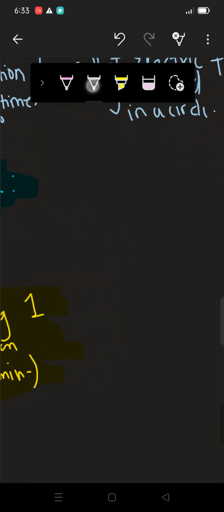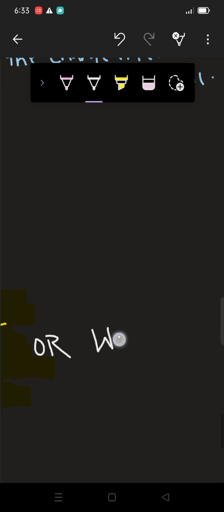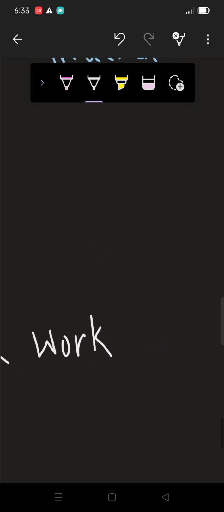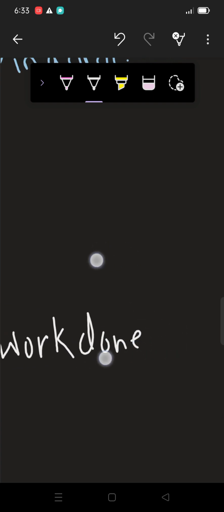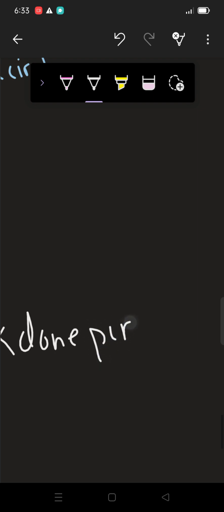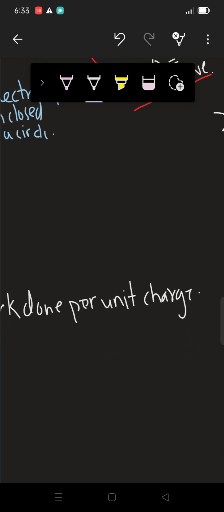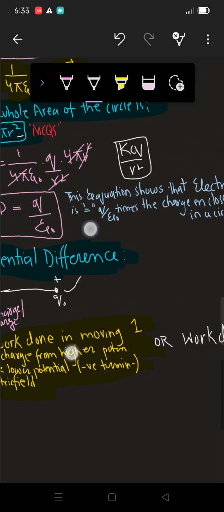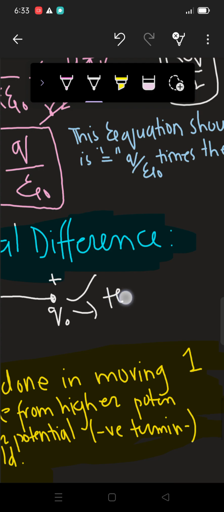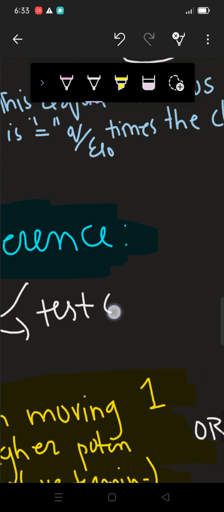The second definition of it, or in other words, it is work done per unit charge when a test charge is moved from lower potential. This is the test charge, or unit positive charge.